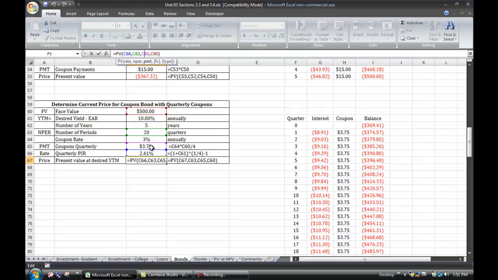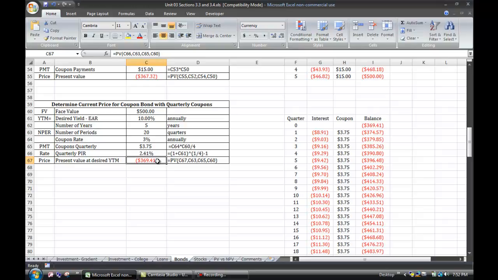C65 is the payment, the coupon, $3.75, and future value is the $500. With all that in mind, if we pay $369.41 and sell it for $500 and receive our quarterly coupons at 3.75, we will attain our 10% yield to maturity.